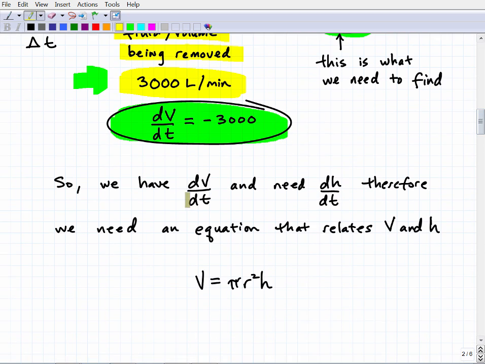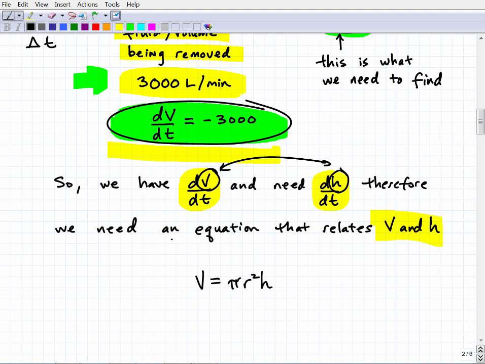So here again, we have dV/dt, this rate of change, and we're looking for dH/dt. In calculus, what we need to do is find an equation that relates both V and H. Here we have the volume and the height of this particular cylinder.